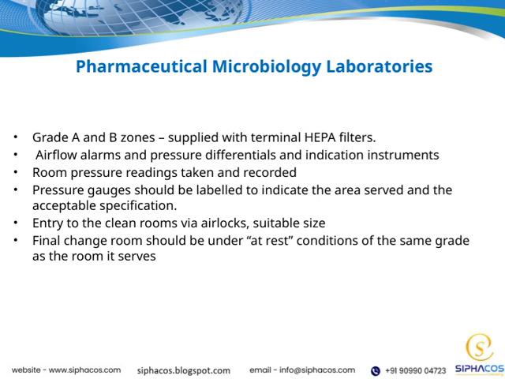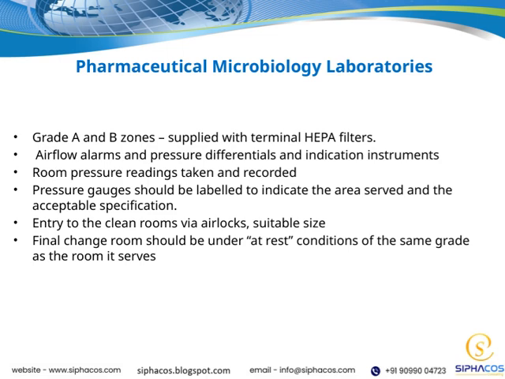Room pressure readings are taken regularly and recorded. This practice is vital because it provides a documented history of the environment's stability, making it easier to identify potential issues before they impact the manufacturing process. It's also important that pressure gauges are clearly labeled to indicate which area they serve and the acceptable pressure specifications.